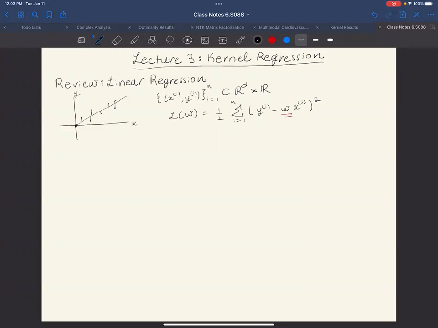And how did we minimize this loss? We used gradient descent, and we observed that if you initialize gradient descent with the initial value w0 equals 0, we get this minimum norm solution. So w hat was this minimum norm solution given by the pseudo inverse, y times X pseudo inverse.